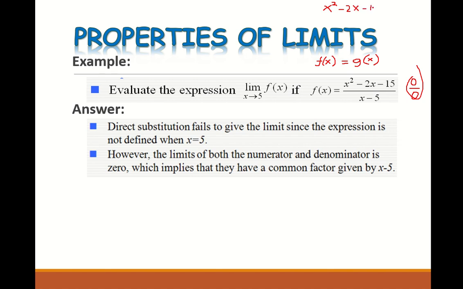Can we factor this numerator? What are the factors? x squared has the factors x and x, right? Then for the third term, 15, the factors are 3 and 5.